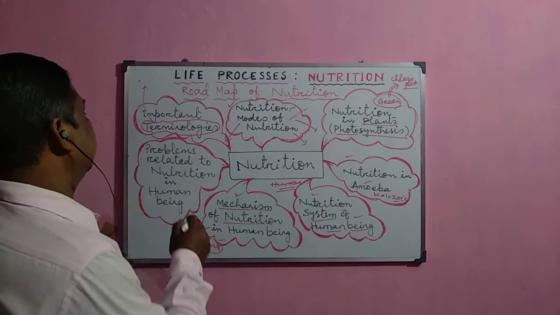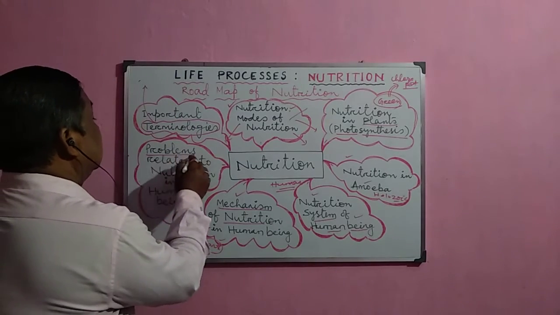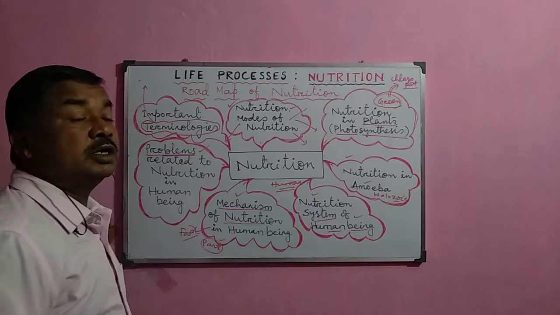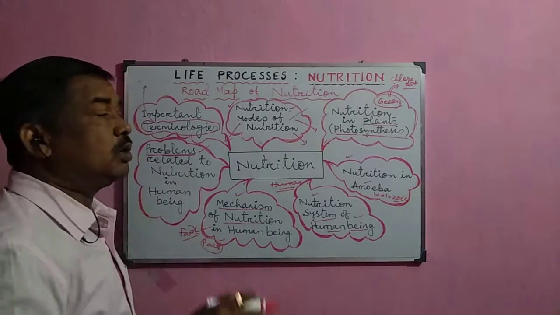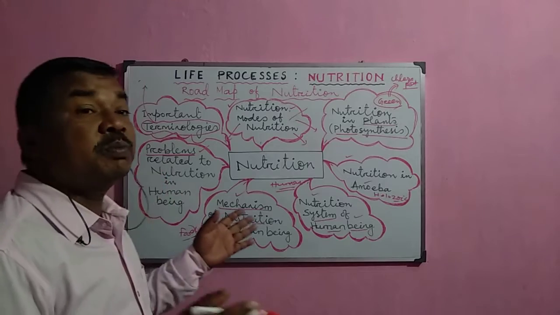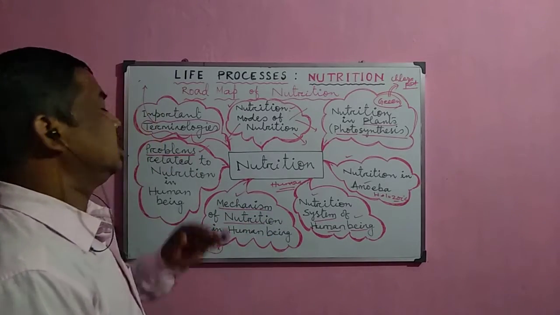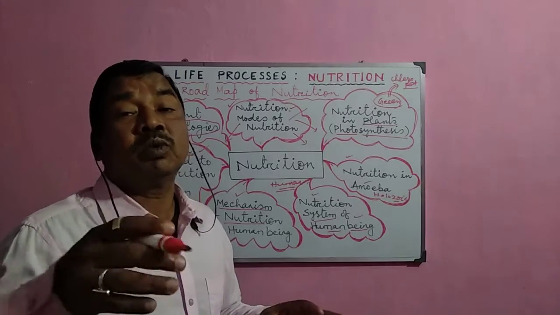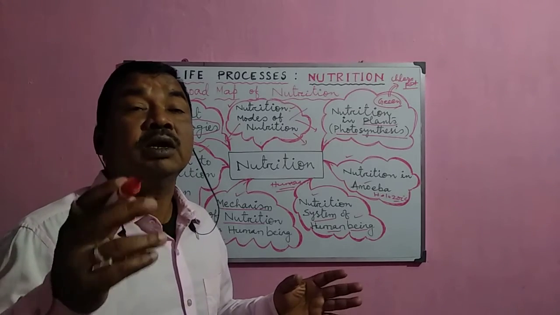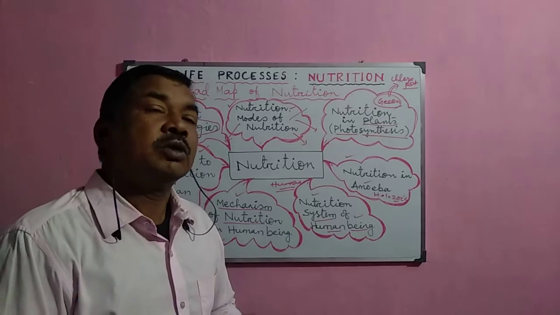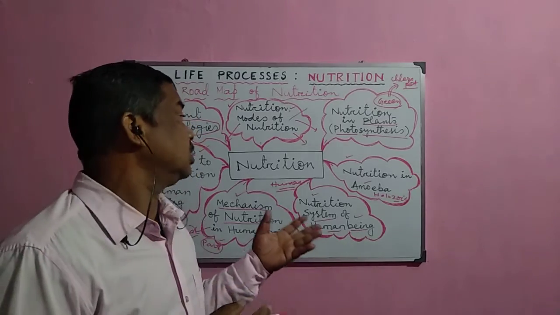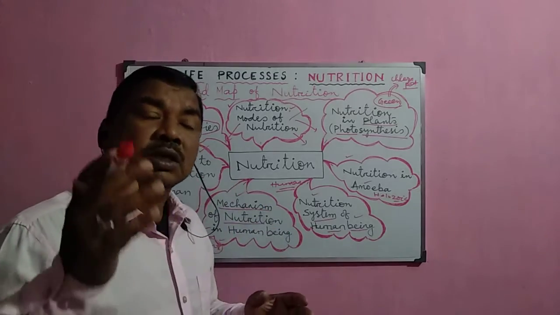But sometimes, due to deficiency of certain nutrients, some problems occur in our body. These are called deficiency diseases. For example, if there is deficiency of carbohydrate or protein, it is called protein energy malnutrition, PEM: kwashiorkor, marasmus. These are diseases which occur in young children.